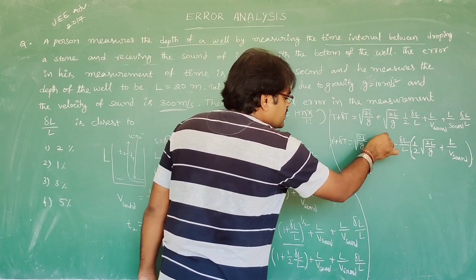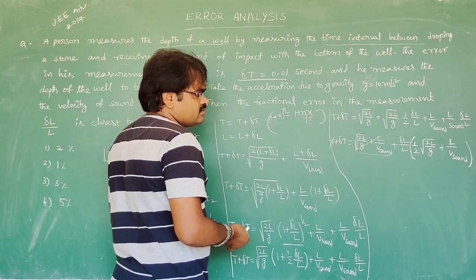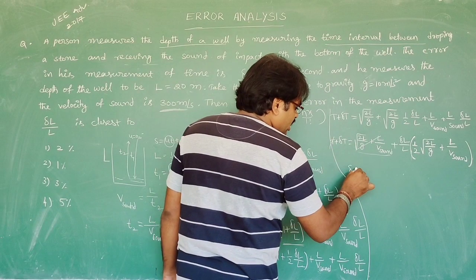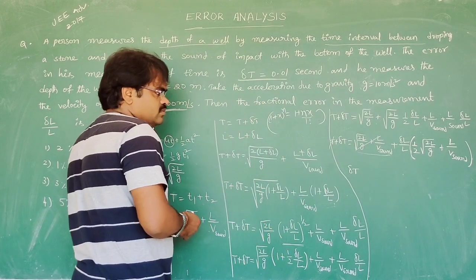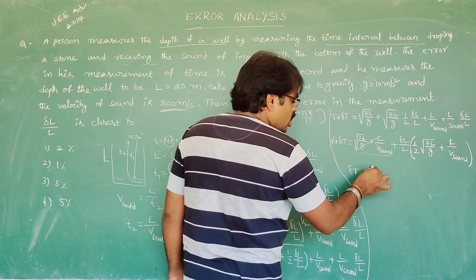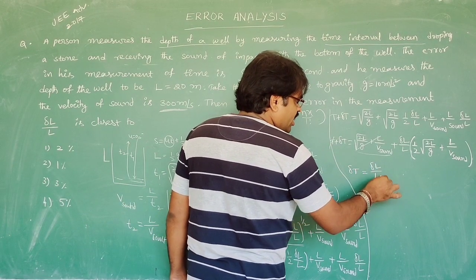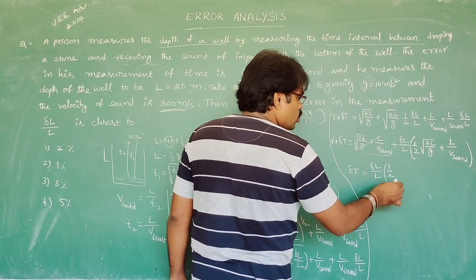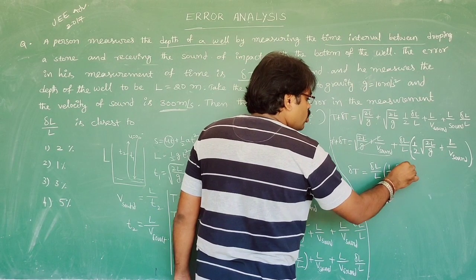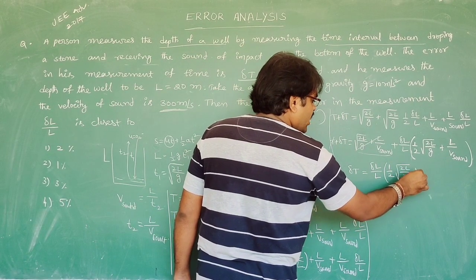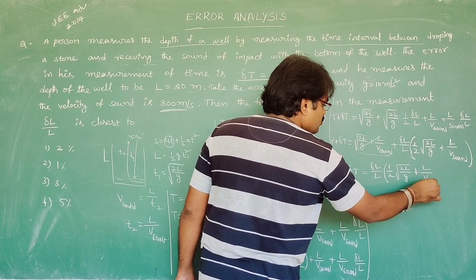This T and this T get cancelled. Then what do we get? Delta T is equal to delta L by L into 1 by 2 root of 2L by g plus L by v sound.